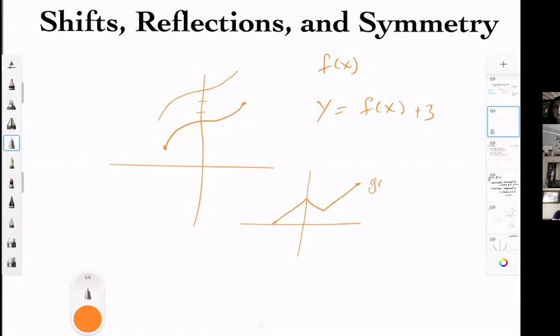Or I give you another graph like this. This is g of x. And y equal to 5g of x. To graph 5g of x, this point was, for example, negative 3, 3. So 5 times g of x. How do we graph this?